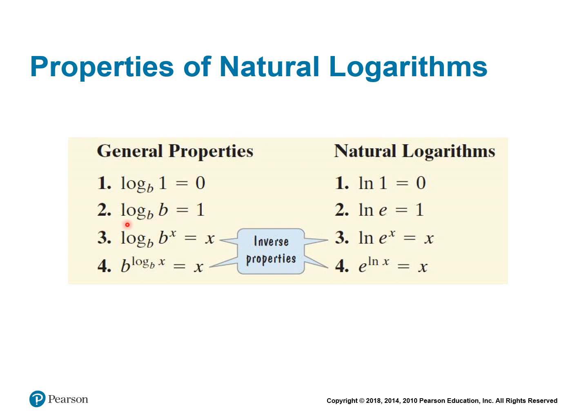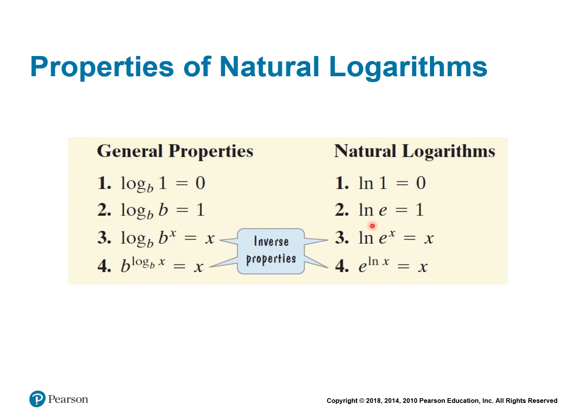Number 2 says log base b of b equals 1. So that means when the base of the logarithm and the number or variable next to it are the same, then the resulting answer will be a 1. In the case of natural logarithms, ln of e is always equal to 1.